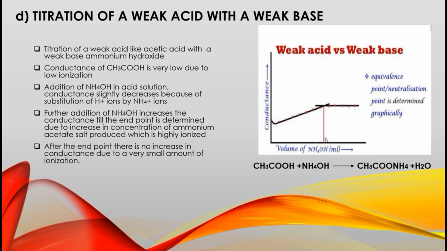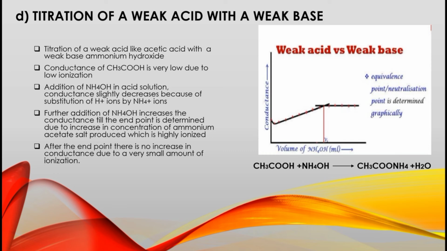This is because of the substitution of H plus ions by NH4 plus ions. Further addition of NH4OH, that is the ammonium hydroxide, increases the conductance till the end point is reached. So here you can see there is an increase in the conductance.